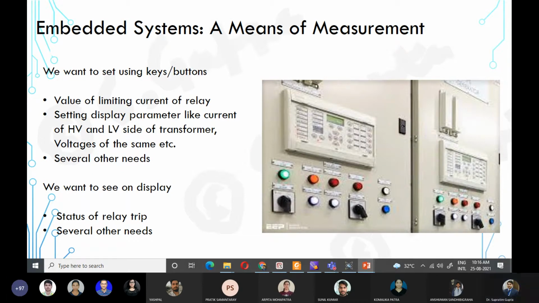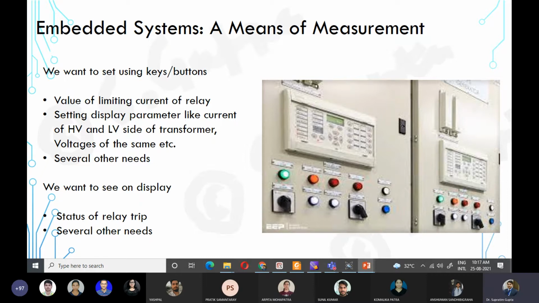Then, if you have gone into any internship, or you can find from different sources of information, in substations we have different control rooms where we measure different parameters like voltages and currents in different lines and feeders. There are many indicating LEDs and other things.